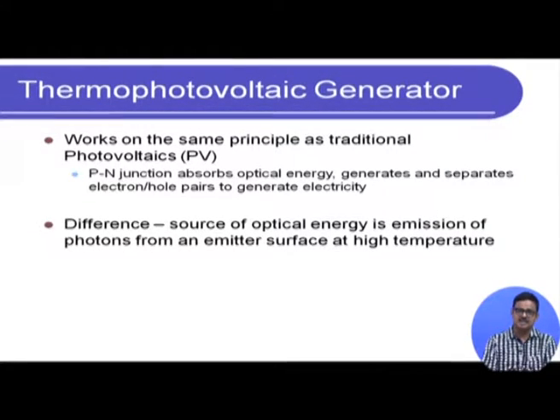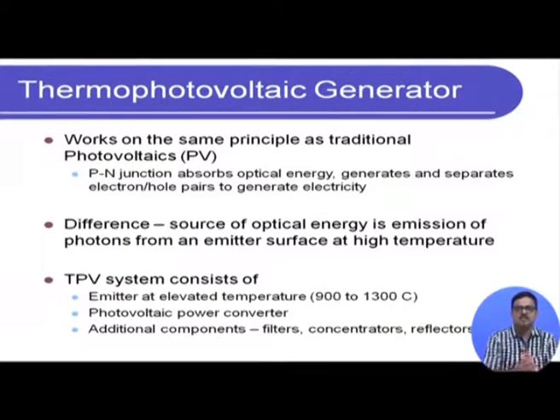The difference is, the emitter surface used for thermophotovoltaic generation, at that sufficiently high temperature emits photons. Okay. So, what is emitted, unlike electrons in thermionic, in this case the emitter surface emits photons, okay, or packets of light energy.